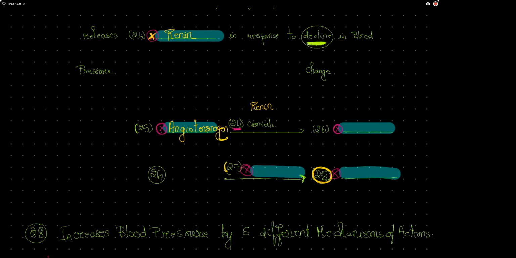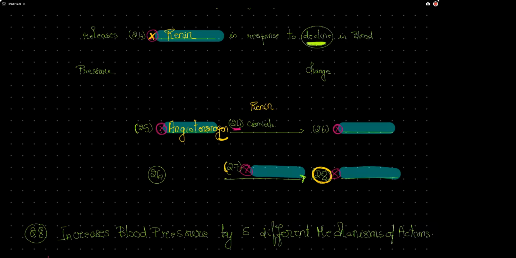Remember, gen is usually present at the end of the inactive form of the hormones. Angiotensinogen. Under the effect of renin, this is present all the time in your plasma, in your bloodstream. Whenever you've got renin, this angiotensinogen gets converted into what?